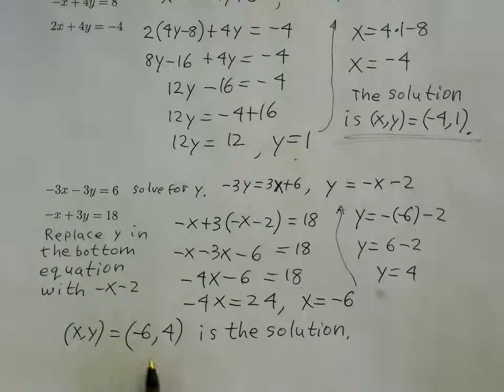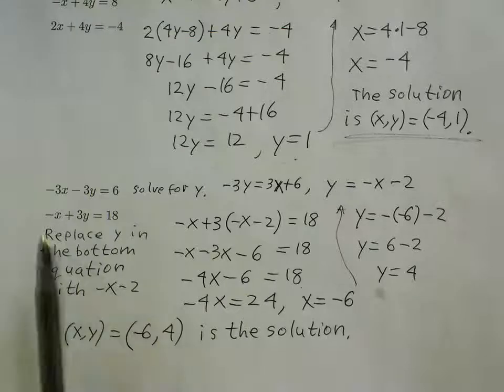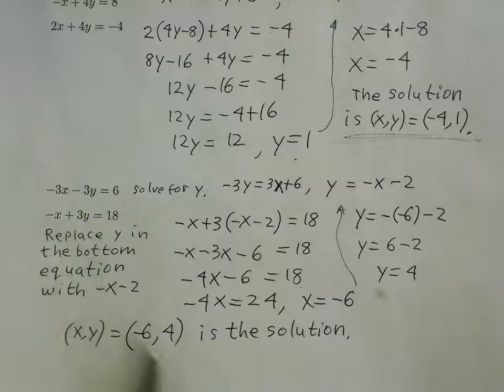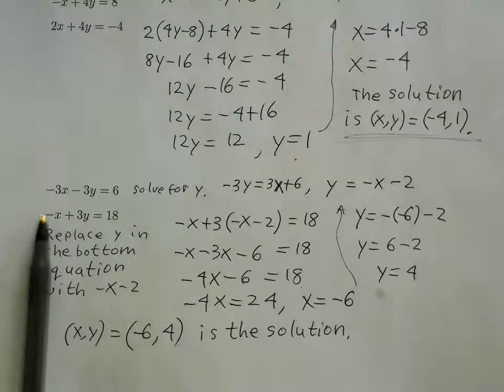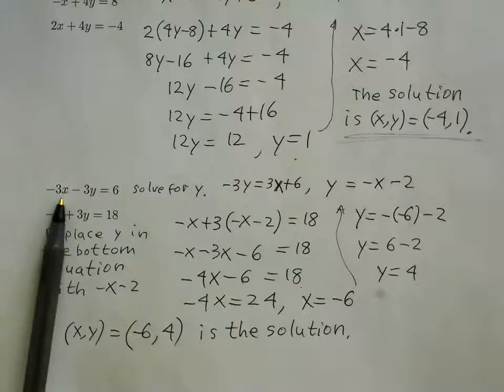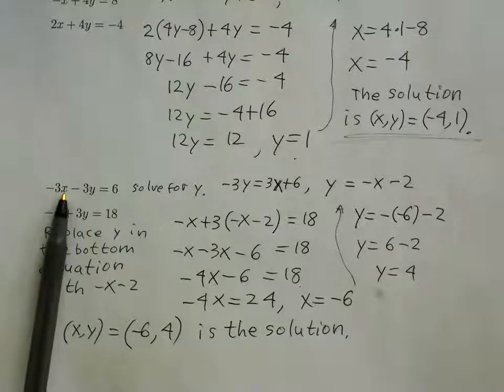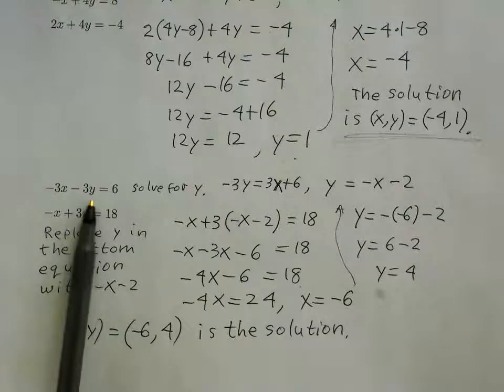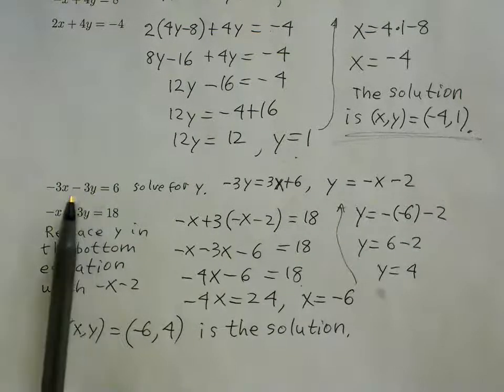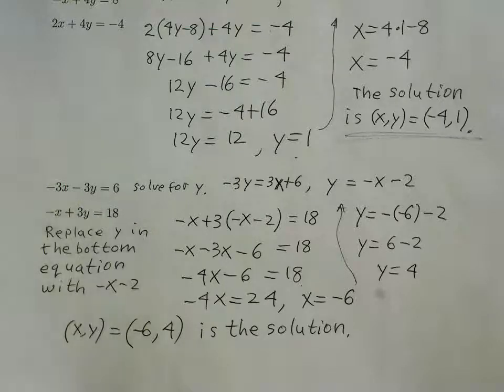If you're ever in doubt about your solution, you can always check it in the original system of two equations. So we did that a couple of times. So for example, in the top equation, you can replace x with negative 6, replace y with positive 4, and then check that the resulting equation is true.